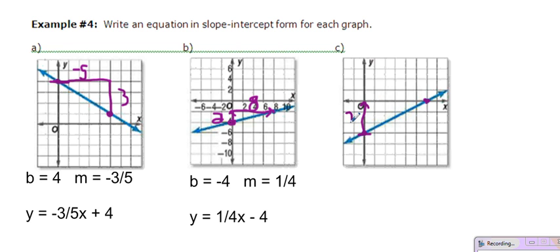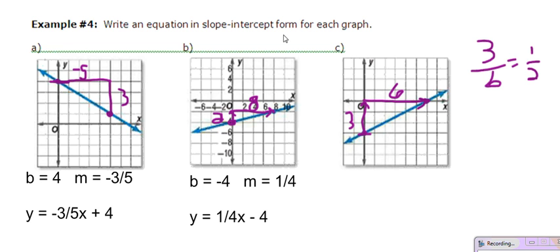So my rise is positive 3. From here I'm going over 1, 2, 3, 4, 5, 6. Since it's going to the right, it's a positive 6. So it's always rise over run. Well, 3 over 6 I know simplifies to 1/2.